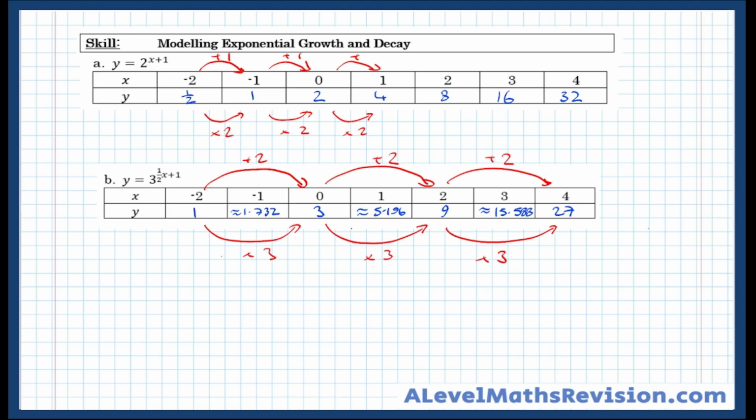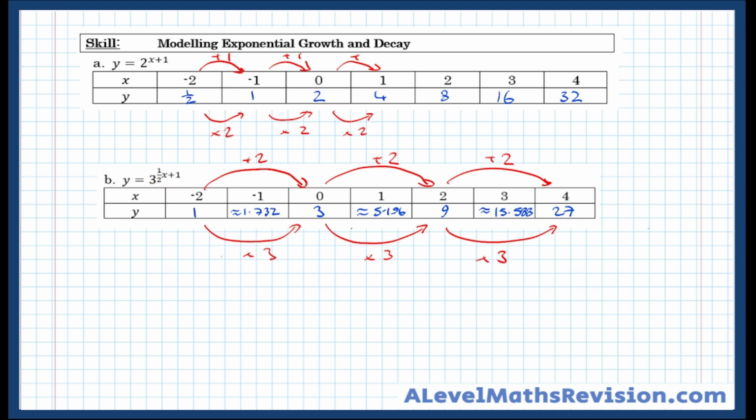A key feature of exponential growth is that there's a recurring pattern that every time you add a particular value to x, you multiply y by a particular value as well. And the reason in this case that we add 2 and times by 3, is because every time we add 2 to x, it increases the power by 1.